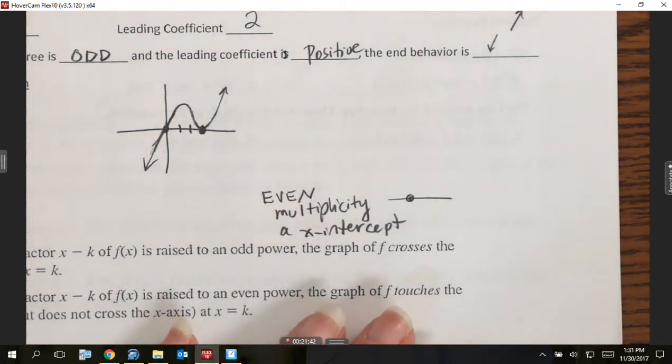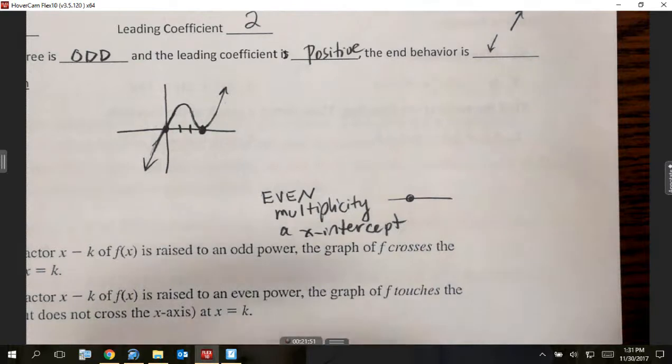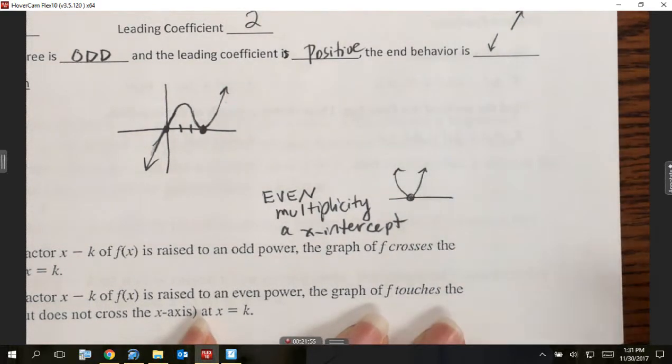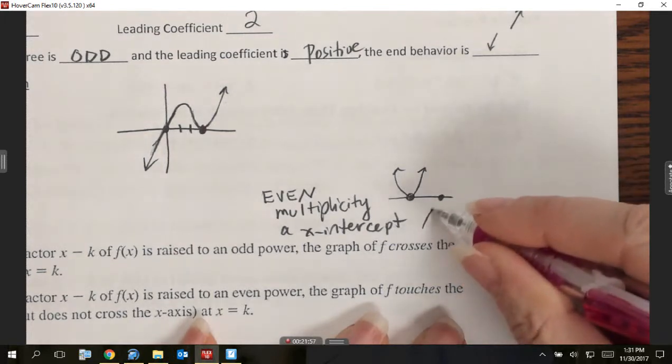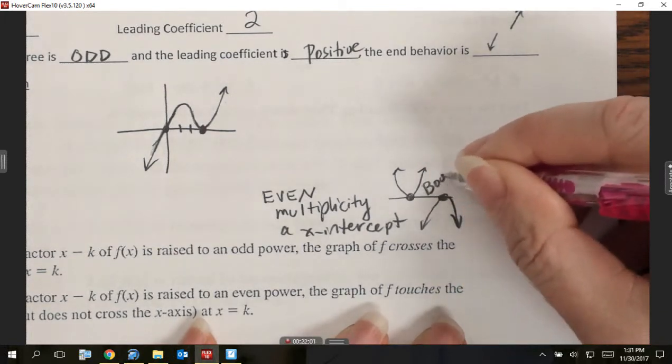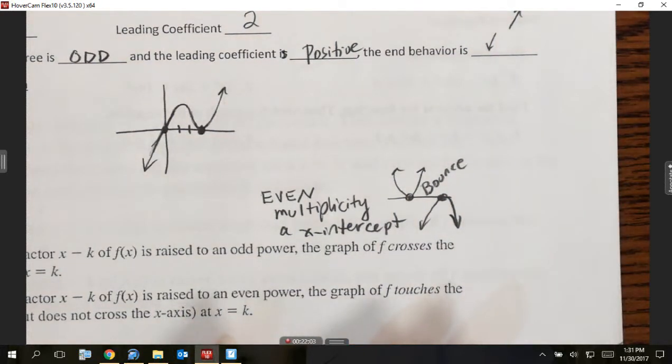If it's even, it's going to be kind of parabola shaped. It's basically going to bounce off. It could also be the other way. It could be an upside down one. If it's even, it's going to bounce.